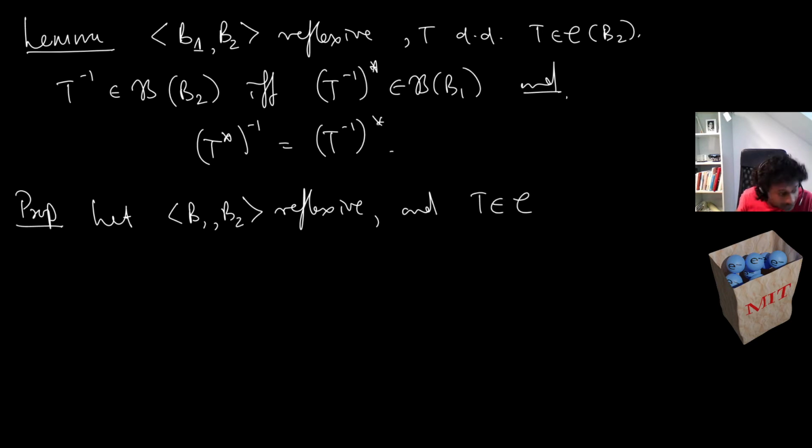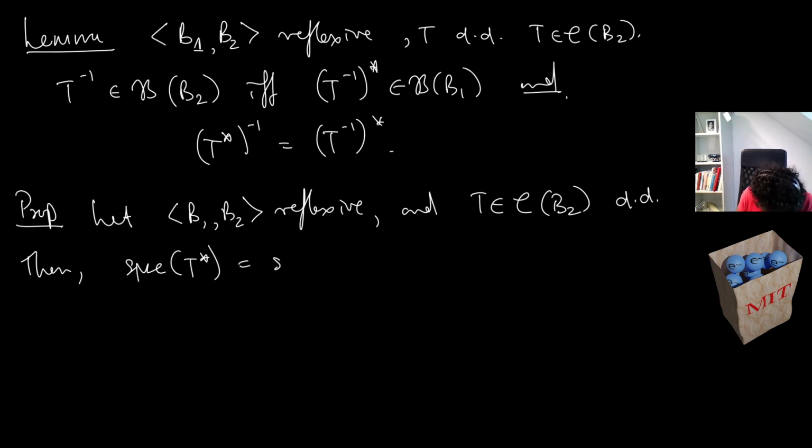So T is a closed operator in B2 that is densely defined. Then, from the previous proposition, we know that we have a closed densely defined operator, we have a reflexive space, so its adjoint is also closed and densely defined, right? So then the spectrum of the adjoint is equal to the spectrum of T conjugated.